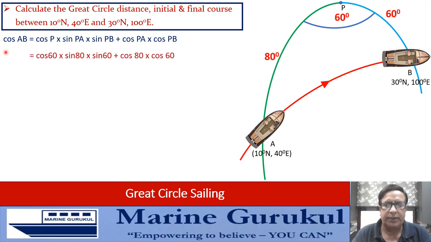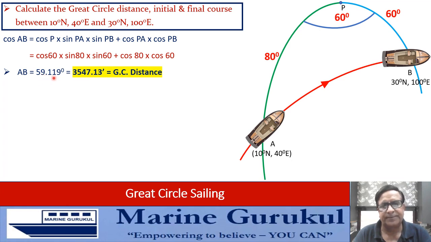We put all these values and this gives us the value of AB as 59.119 degrees. When multiplied by 60, it translates into 3547.13 minutes, which is the GC distance between A and B, 3547.13 nautical miles.